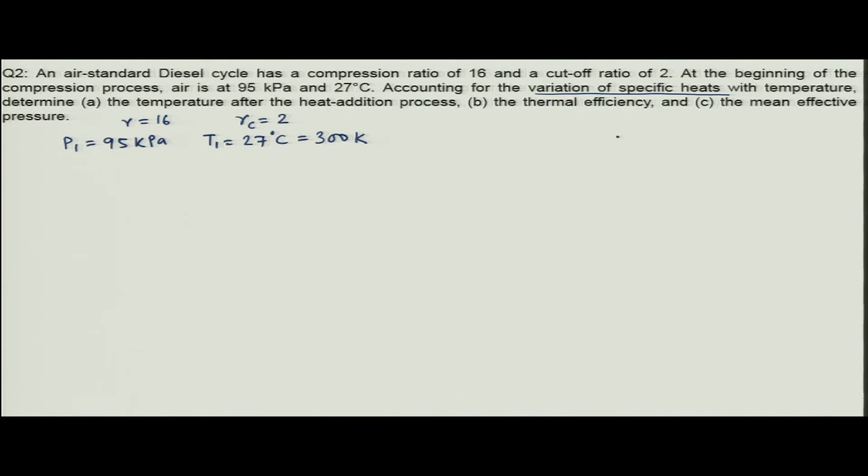So, basically we have to draw the cycle again. Always first start with the PV diagram. Here 1 to 2 is your isentropic compression process, 2 to 3 is your constant pressure heat addition, 3 to 4 is an isentropic expansion process, and 4 to 1 is a constant volume heat rejection.